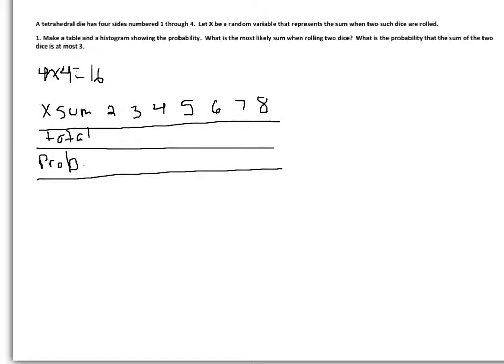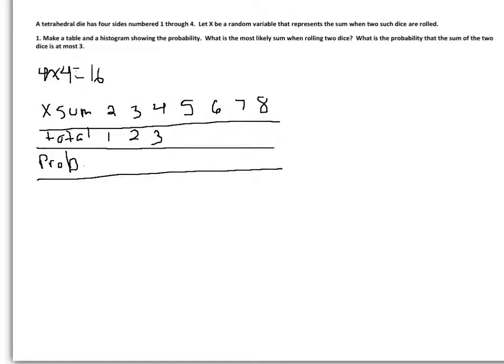Okay. The only way you can roll 2 is a 1 and a 1. So you have one way. 3, you could go 1, 2, or 2, 1. So you have 2 total ways. 4, you could go 1, 3, 3, 1, or 2, 2.